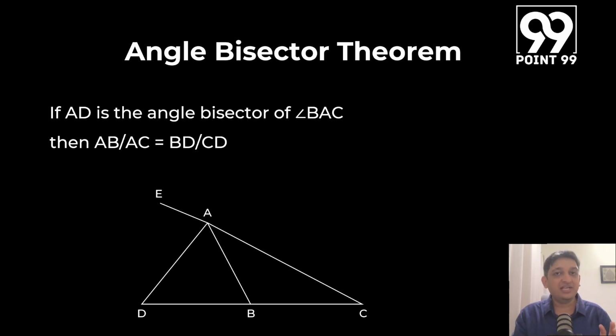So that is one way in which you can remember this. So if you have an exterior angle BAE, and AD is the angle bisector, then AB divided by AC will be the same ratio as BD divided by CD. So we are basically looking at a distance from this point D wherein the angle bisector intersects the opposite side, and that will be true in both the cases, internal angle or external angle.